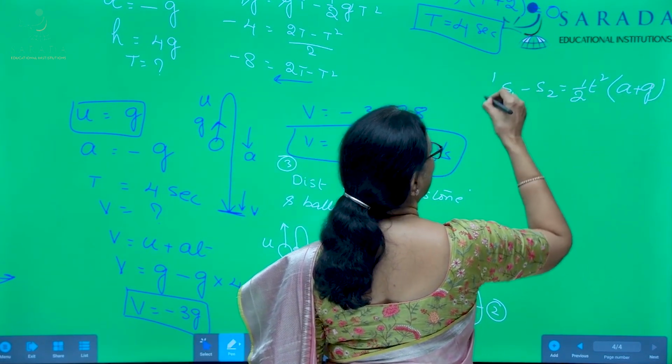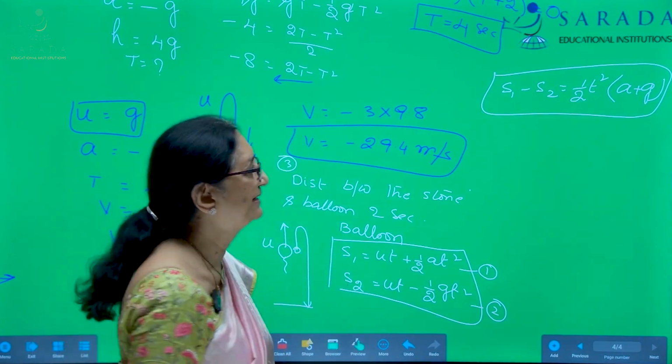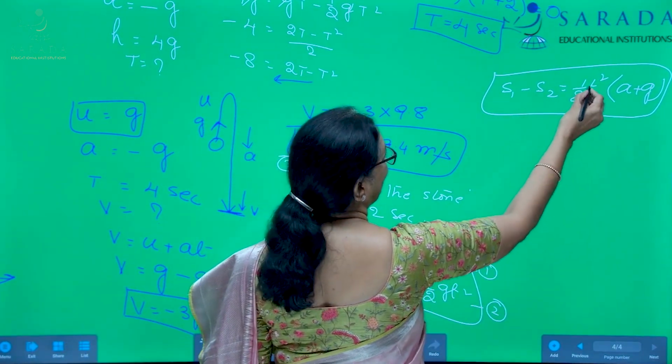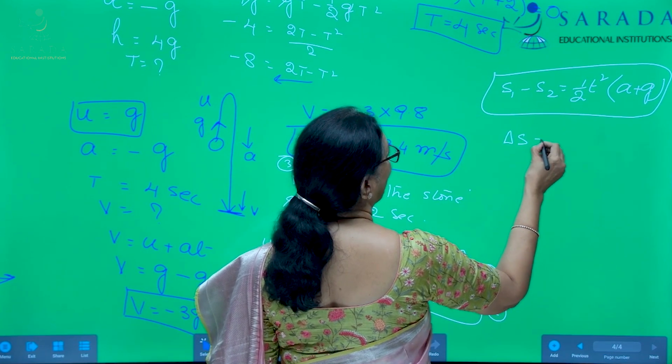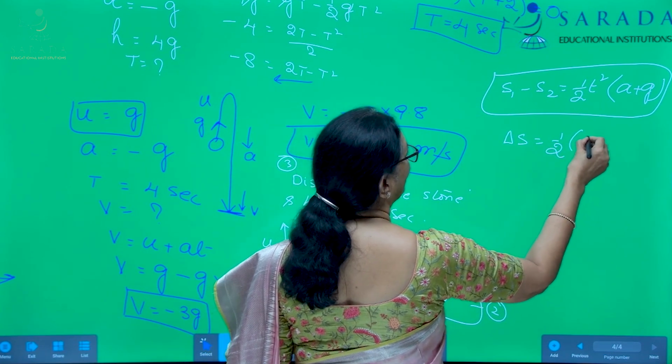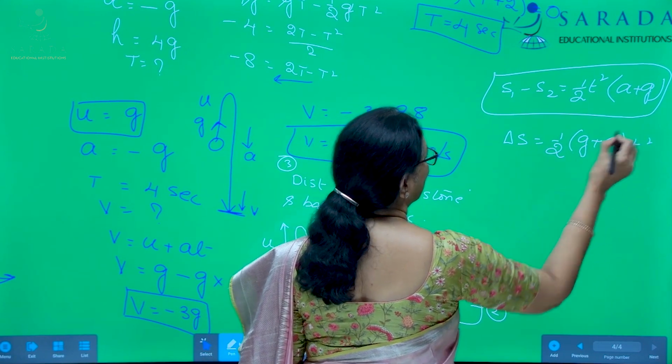So, the distance between the stone and the balloon, t seconds after the release of the stone, if you call it delta s, is half into g plus a into t square.